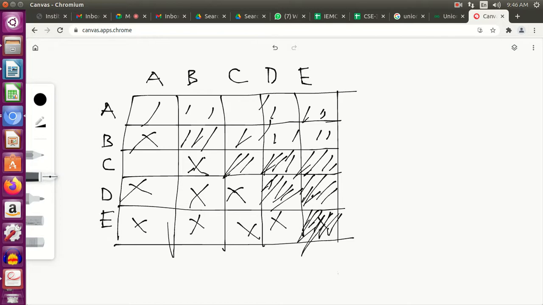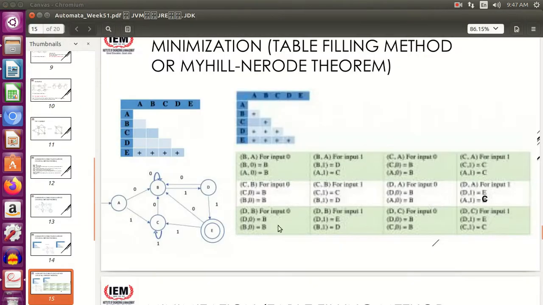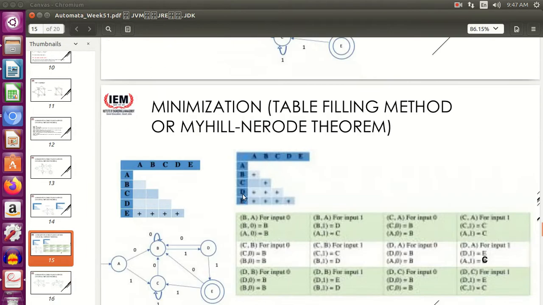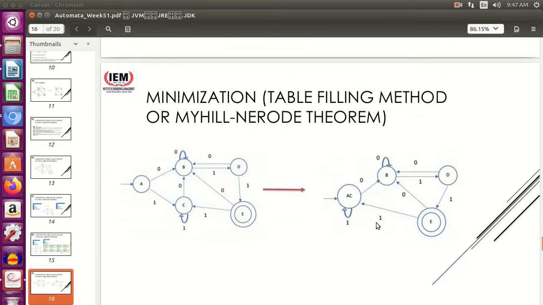So after the process is completed, we will see that we have all these marked pairs, and the only unmarked pair over here that we have is AC, correct? Basically, whenever we have an unmarked pair, that can be combined together as a single state, and all the other states remain the same as they were.